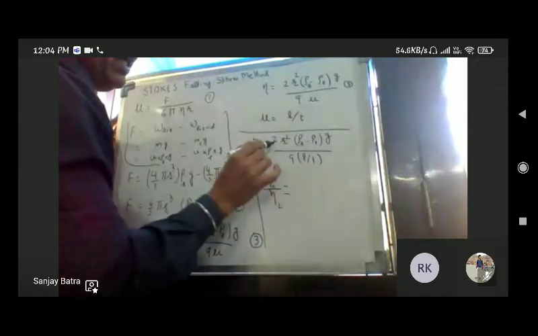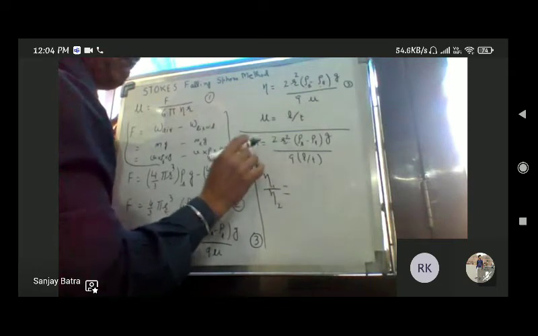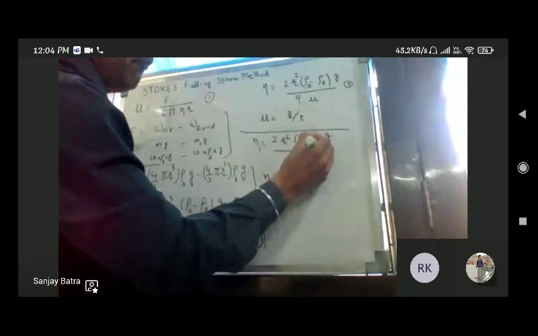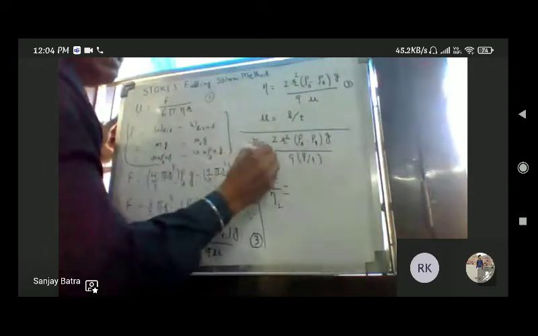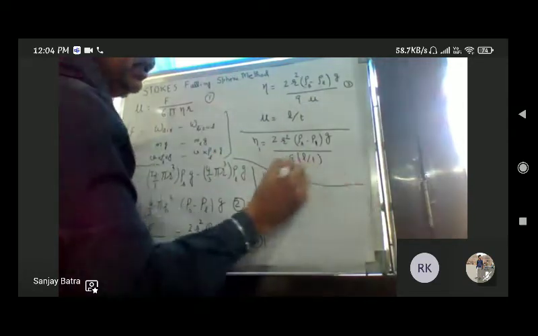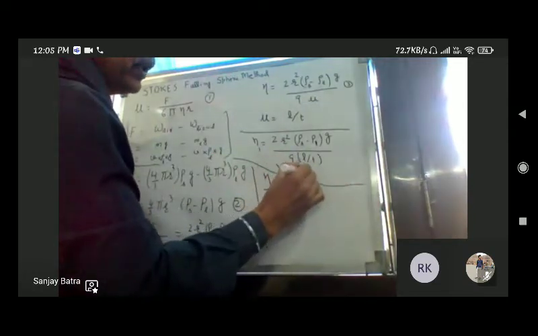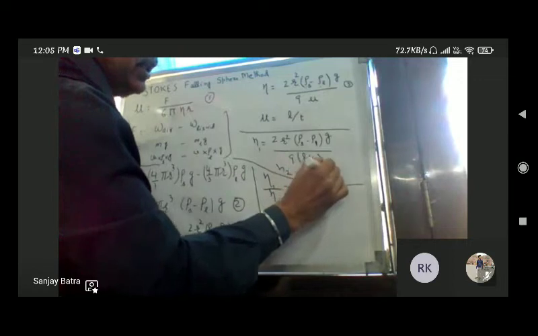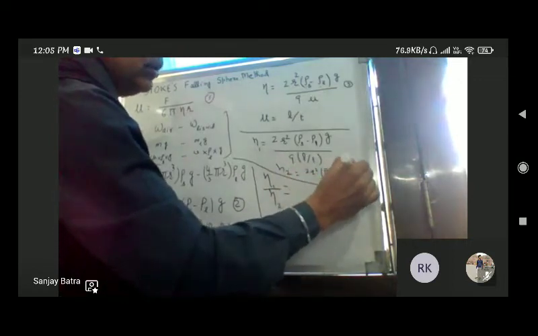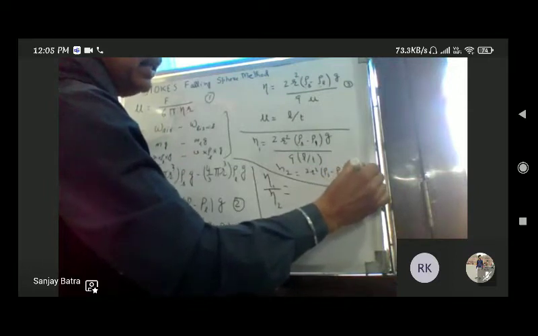For neta 1, let's say, it would be rho 1. Rho 1 stands for density of liquid 1. If I write neta 2, similarly, it becomes again 2r square (rho s minus rho 2) into g divided by 9 L by t.